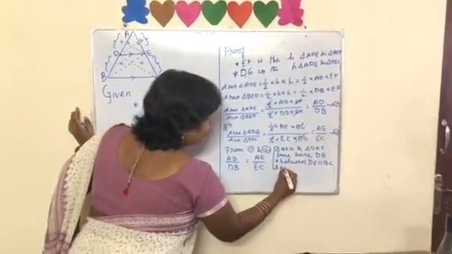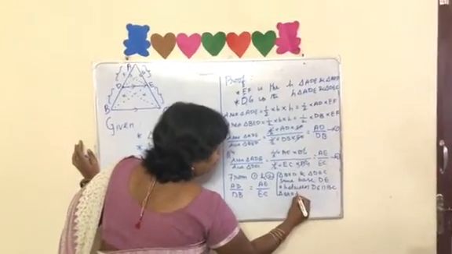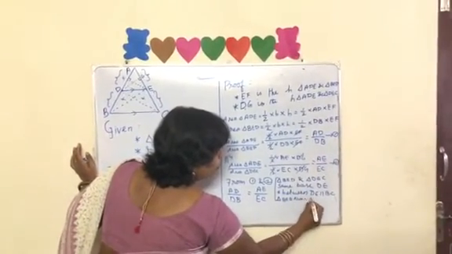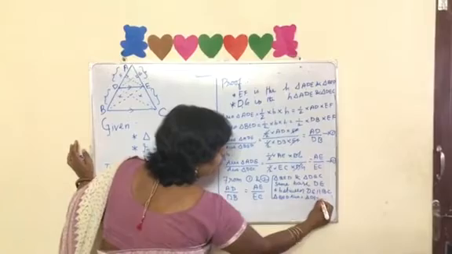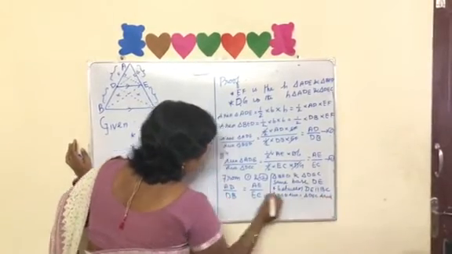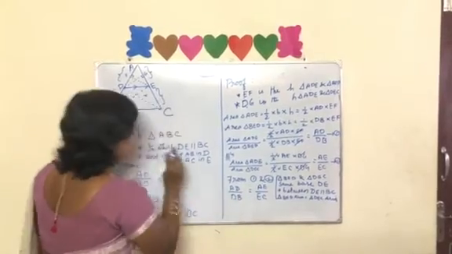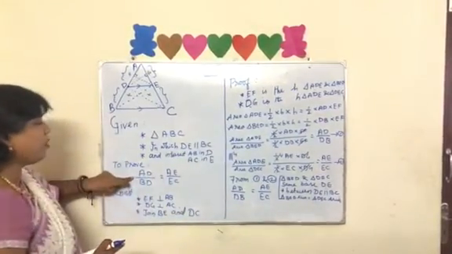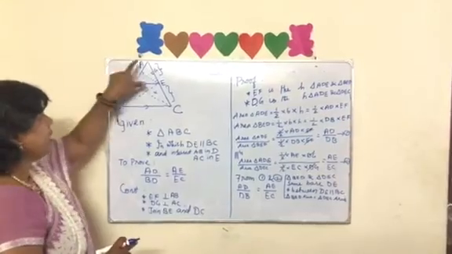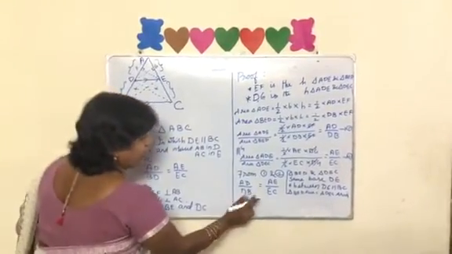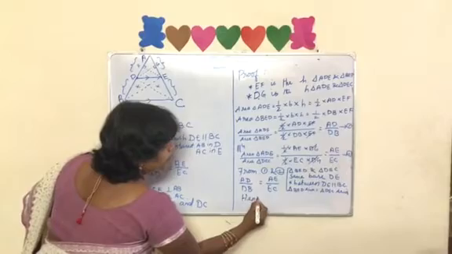The area of triangle BED is equal to the area of triangle DEC. So we can equate these two equations 1 and 2. What do we get to prove? AD by DB equals AE by EC, we got it. So, hence proved.